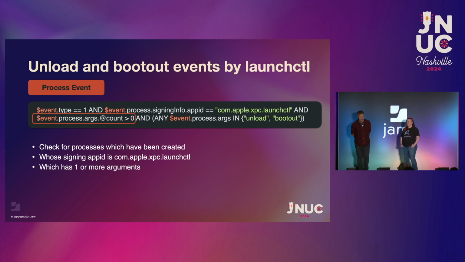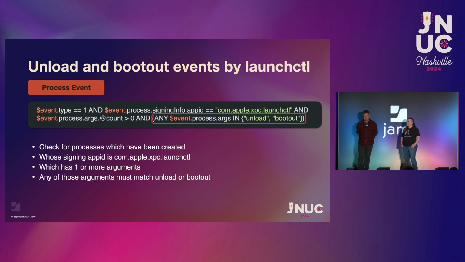So we're going to qualify that by asking where we got one or more arguments. And then in the argument list, we qualify that by checking whether the unload or the bootout argument matches the arguments that we've passed to launchctl. So combined, we can then track anyone kicking out a launch daemon.